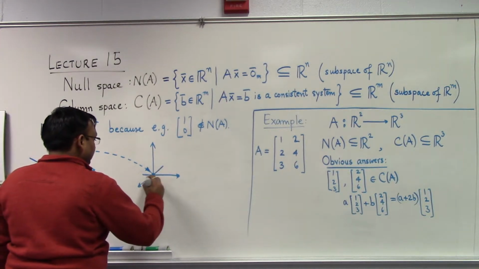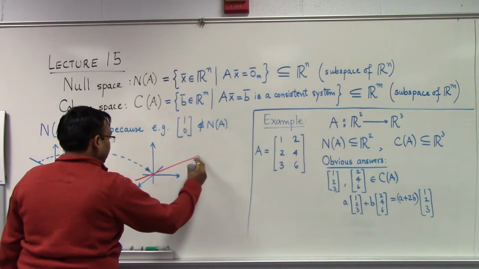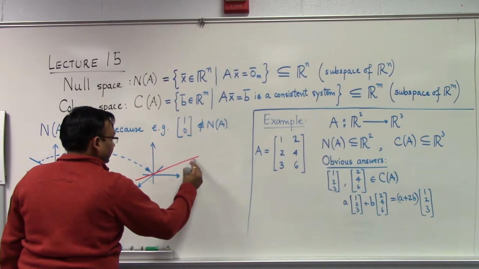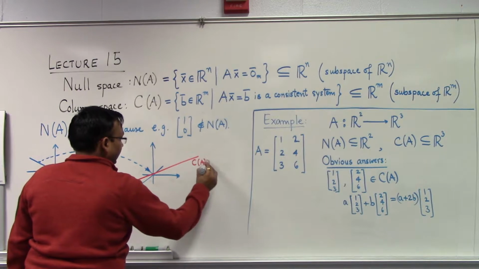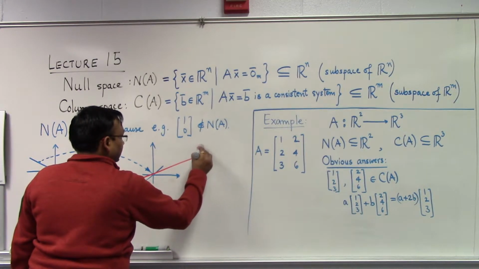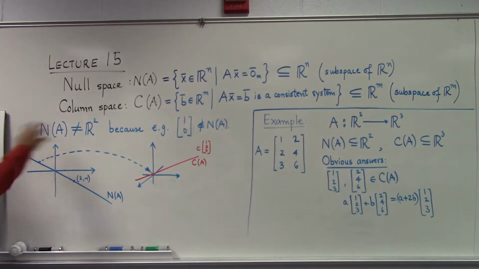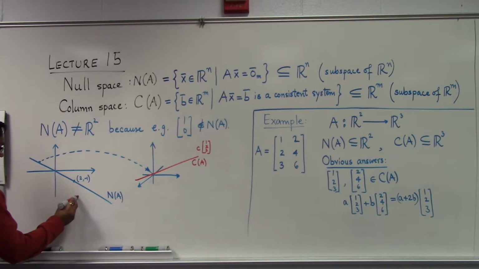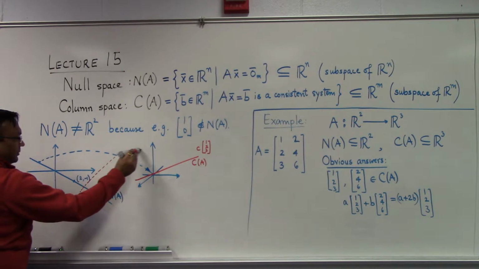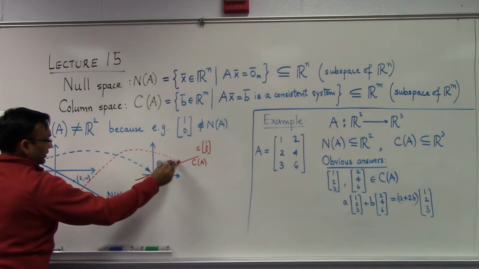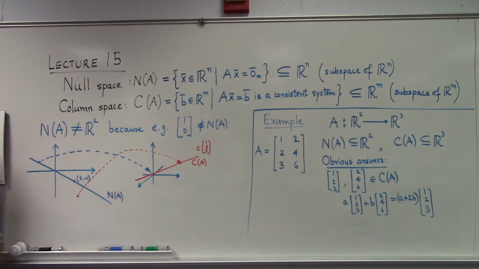I won't make an attempt to draw a perfect line, but imagine it's this line which is representing the column space of A, which is all multiples of the vector 1, 2, 3. So if I pick any point in here, and take its image under the mapping A, it would be on this line somewhere.